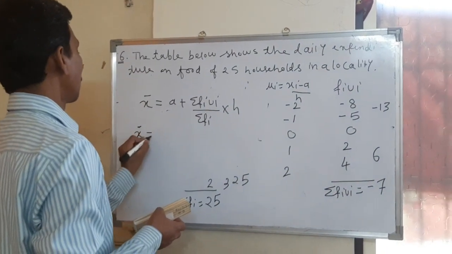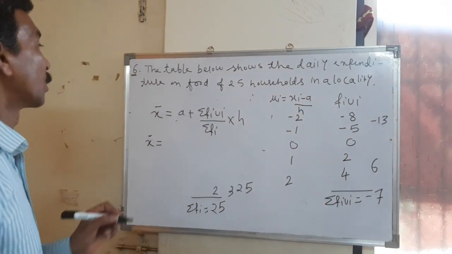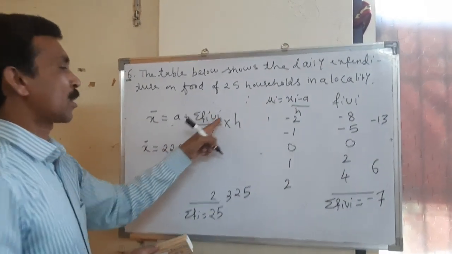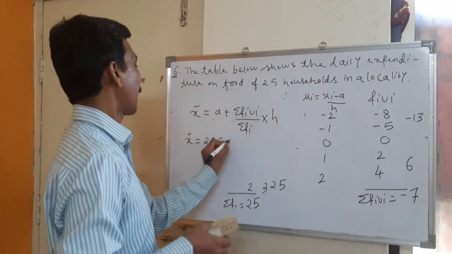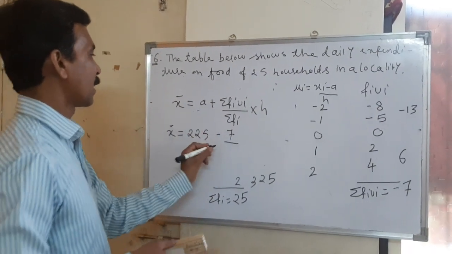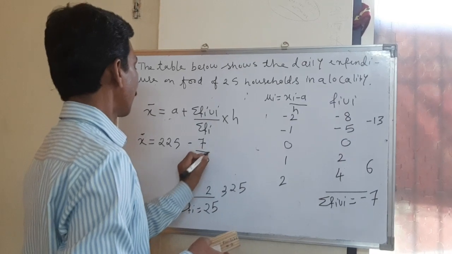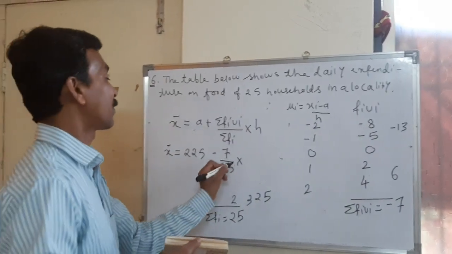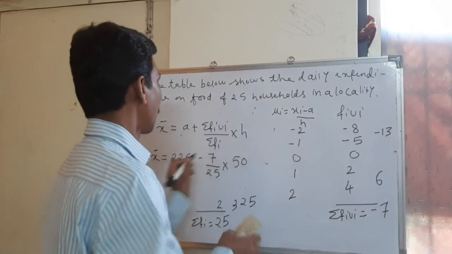X bar, a was 225, plus summation of fi ui, but it is minus 7, upon summation of fi is 25 into height. Height we have seen, height was 50. So I'll write here upon 50.